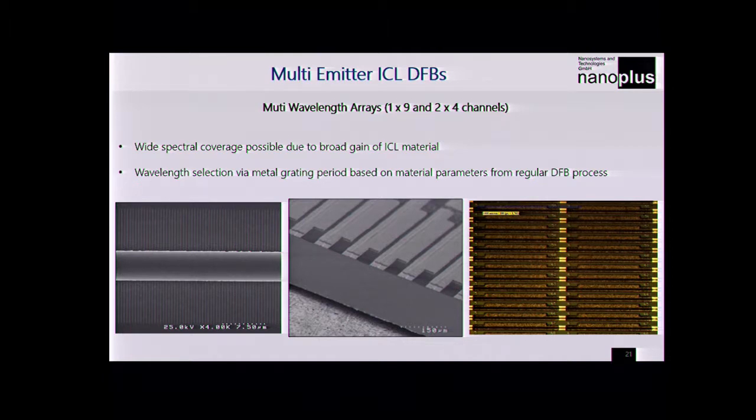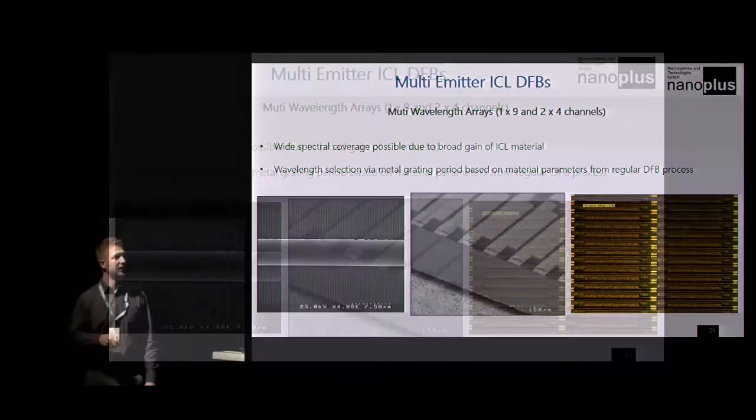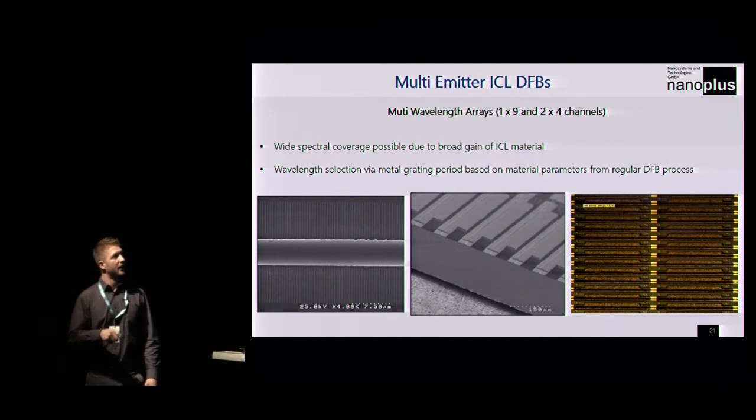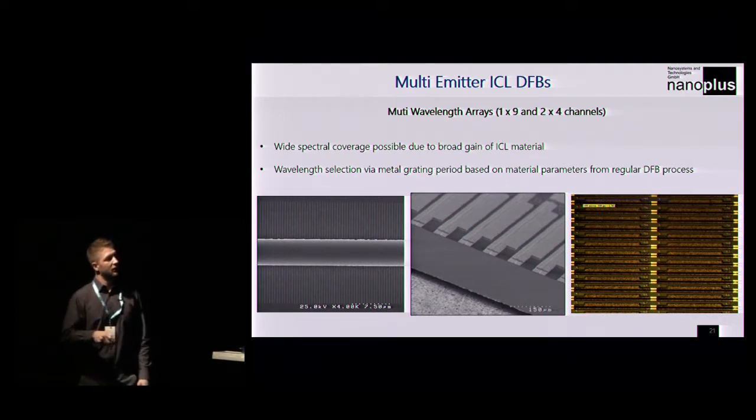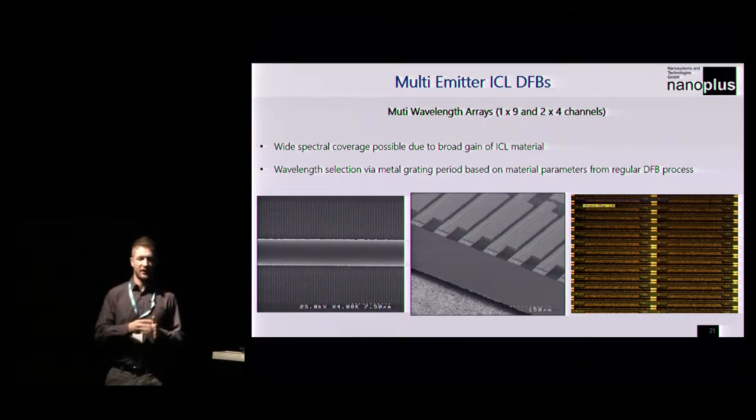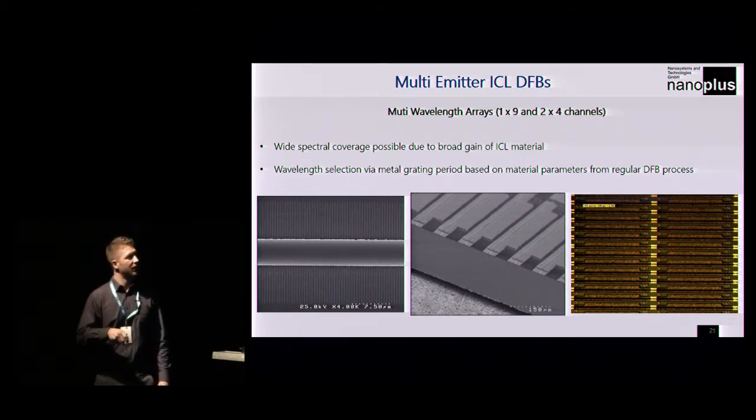The advantage of the ICL, as I said, is that it covers a really broad wavelength range of up to 300 nanometers. And we know the material really well from a normal DFB process. So we can say, okay, each laser should have a certain wavelength window which it covers.